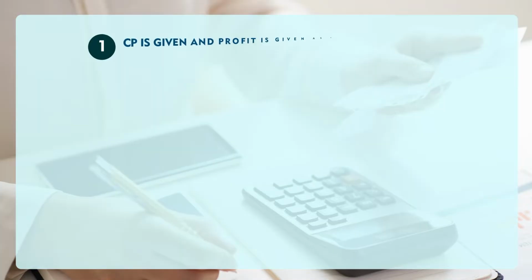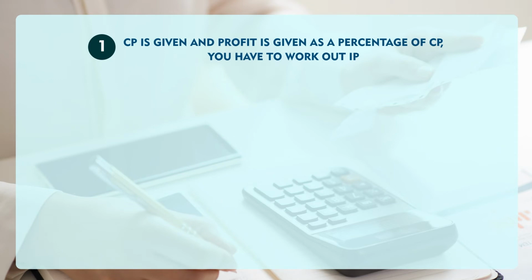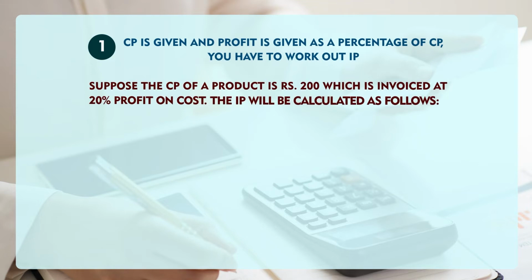The first situation is cost price is given and the profit is given as a percentage on CP. We have to work out the invoice price. Here it is very simple. Suppose the cost price of a product is 200, which is invoiced at 20% profit on cost.